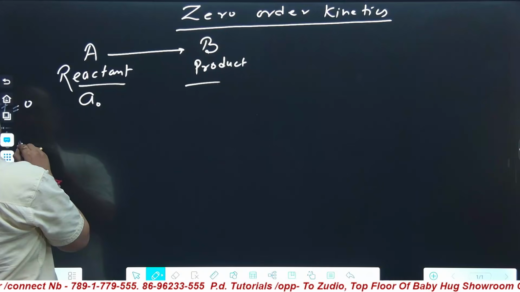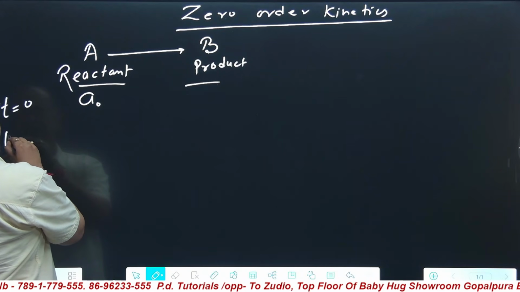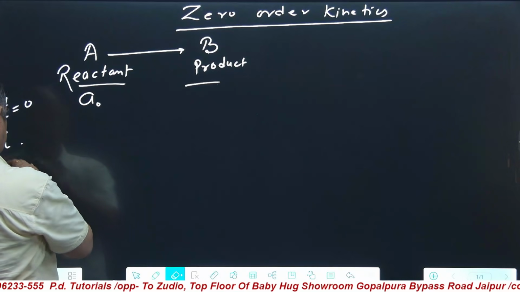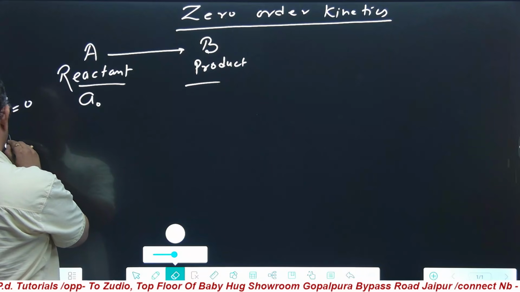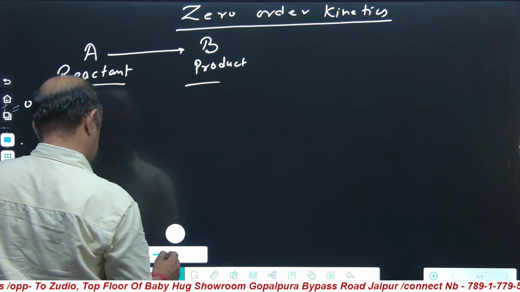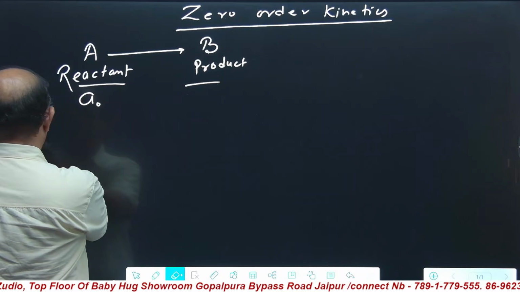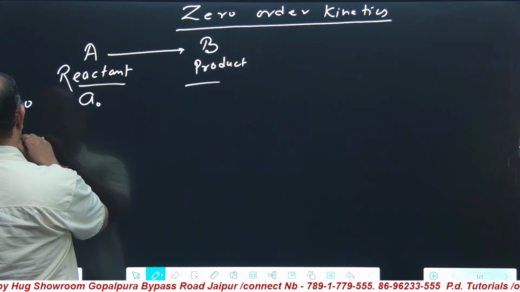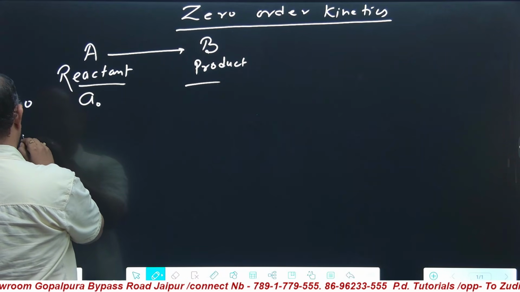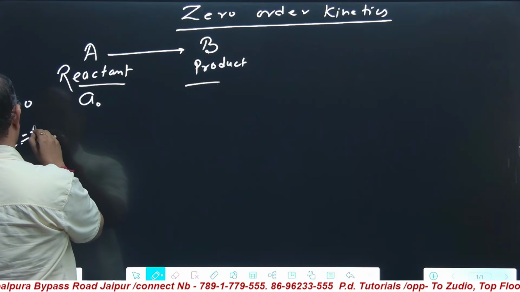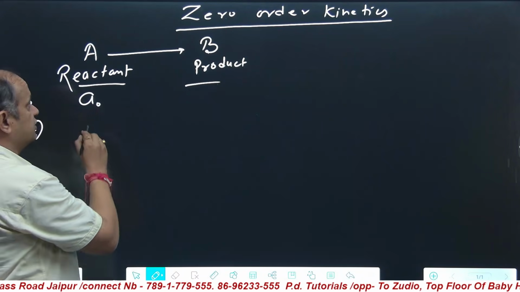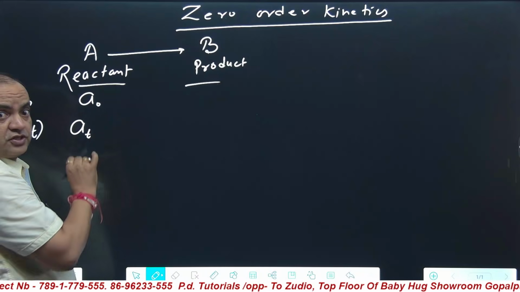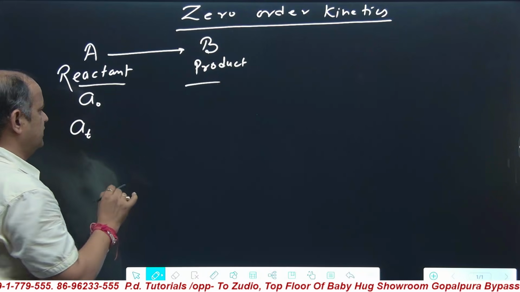At time T, the concentration of capital A is At. At 0 time, the concentration is A naught.